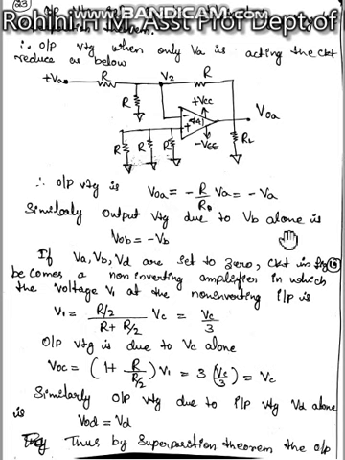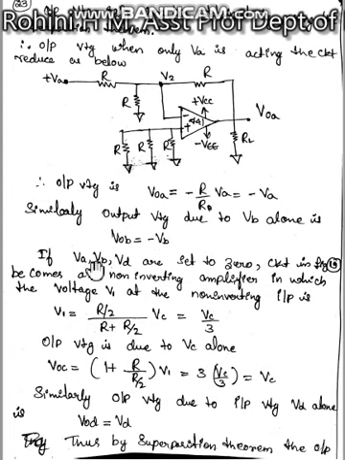Similarly, the output due to VB alone, when the other inputs are connected to ground, can be written as VOB equal to minus VB. Then these inverting inputs are grounded, and the non-inverting inputs are activated.